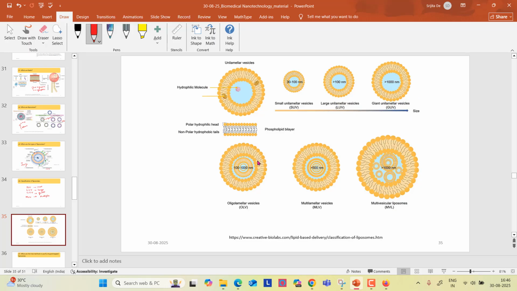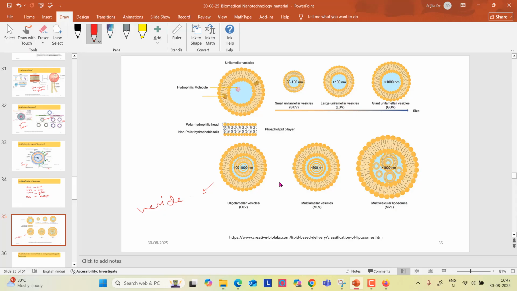Okay. Now suppose this layer is engulfed between another layer, and in between the two layers there is an aqueous phase. This structure is called a vesicle. Okay. This is the oligolamellar vesicle. The size is between 100 to 1000.